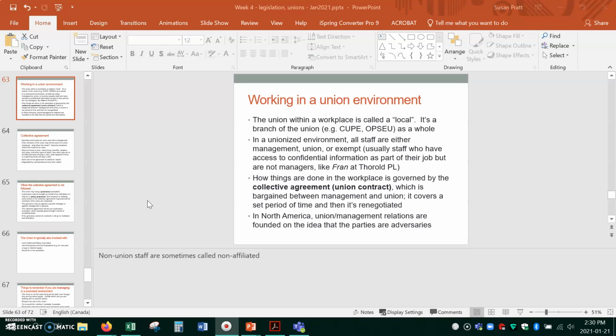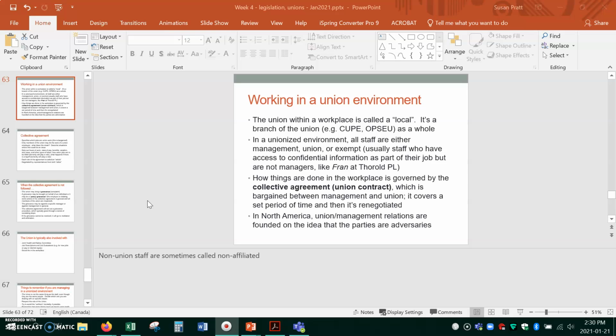So, like I said, I'm a member of a union, and it's a provincial union called OPSEU, Ontario Public Service Employees Union. But within my specific workplace, Durham College, we will have a local branch of our union, and that's what it's called. It's called a local. So OPSEU, that's another union, the Public Service Employee Union, and that's what the support staff at Durham College are a member of.